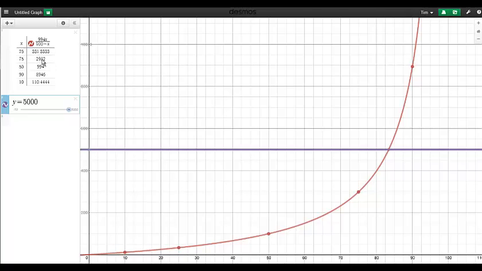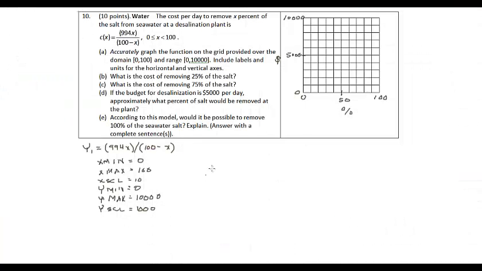Well, there's our result. X is 75. You can do this with your calculator by graphing, second calc value, and put these values in. We'll verify them in a moment. We see that at 10 it's 110.